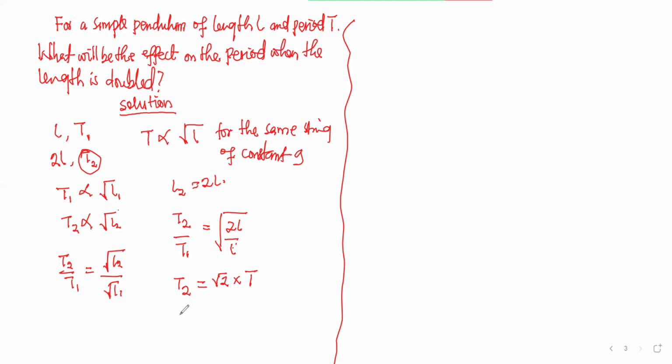Okay? So it means that if you double the length, the new period T2 will be equal to square root of 2 times the first period, or 1.414 of this.